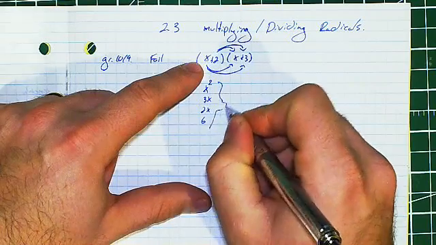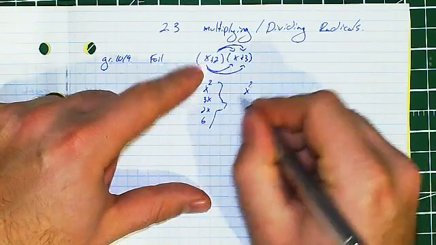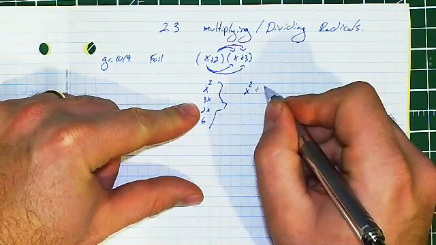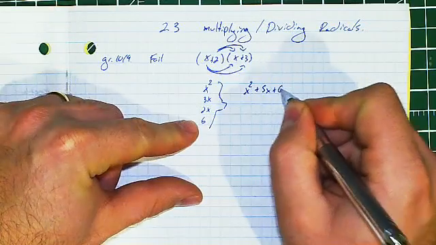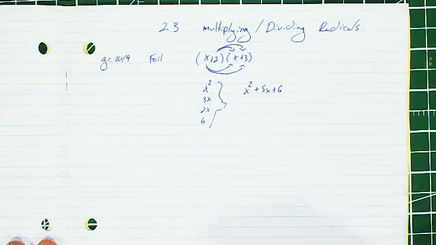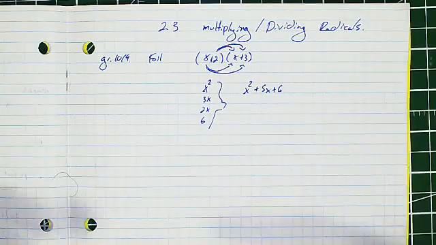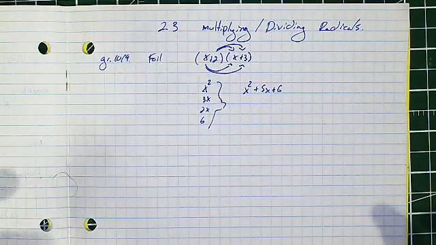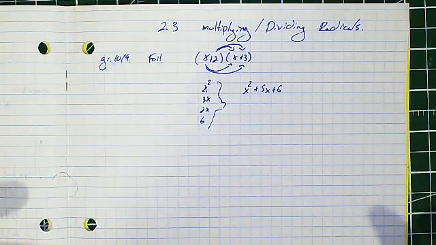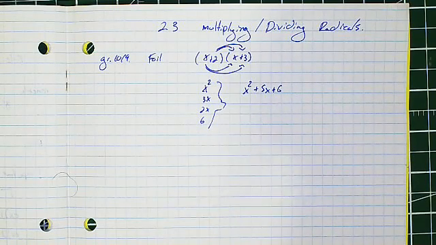We then collect all your like terms. You get x squared, 3 plus 2 becomes 5x, and then positive 6. This would have been chapter 3 last year, when we dealt with a lot of factoring and whatnot.